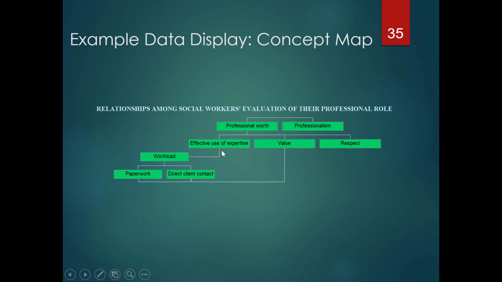Effective use of expertise is linked to their workload. Their workload is linked to paperwork and direct client contact, and there's also a link between the paperwork and the direct client contact. Direct client contact is linked to their value, which is also linked to effective use of expertise and respect. So it just basically shows how the data is related.